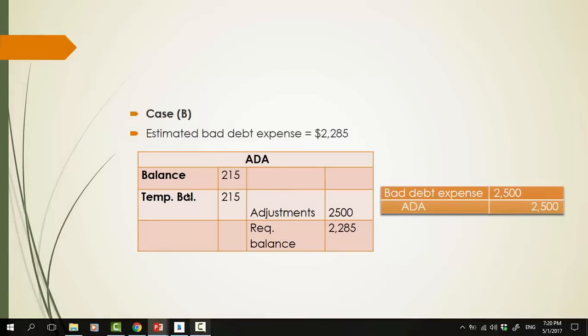What if the ADA balance is in the debit side, 215, and I want to reach 2,885? Then we will add the required balance to the temporary balance, the balance given, in order to reach the required balance 2,885.